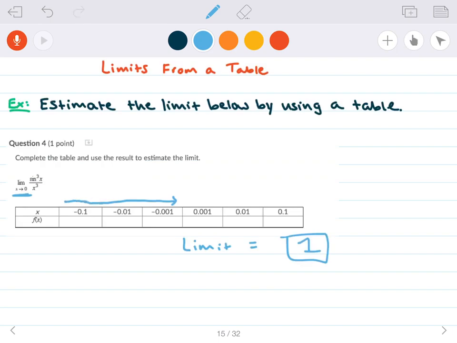So these values are all coming from the left, these negative values. And these guys right here in orange, these x values are all coming from the right of 0, right? And they're approaching 0 in the middle.